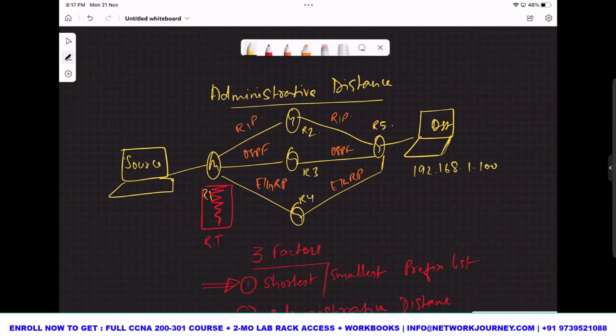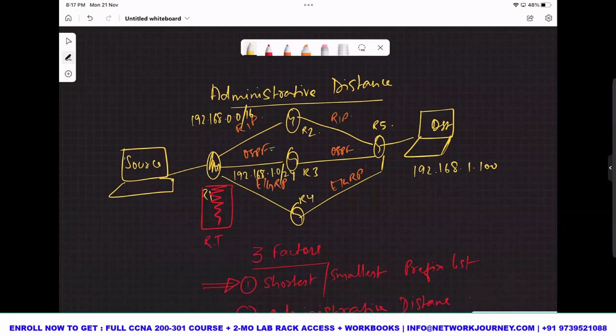So the first router will see that particular network advertised via RIP in this range, 192.168.0.0/16. Whereas EIGRP, let's assume, advertises 192.168.1.0/24.